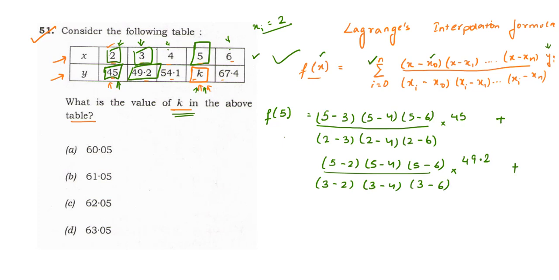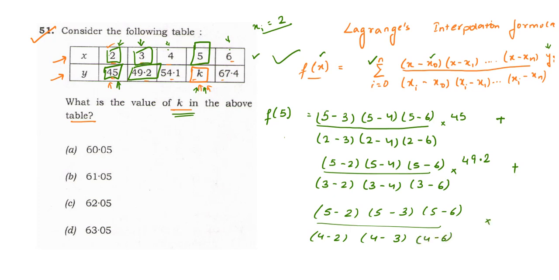You do it yourself, and here I'll do it to help you. So this is 5 minus 2, 5 minus 3, 5 minus 6, divided by 4 minus 2, 4 minus 3, 4 minus 6, multiplied by the corresponding value, which is 54.1, plus the last term.